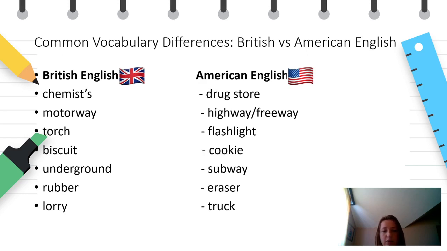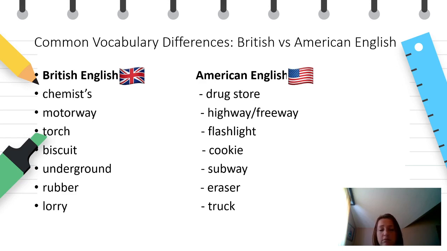For the place where they buy medicine or toiletries, British use the word chemist, and Americans use the word drugstore. Let's stop and get the medicine at the chemist or at the drugstore.